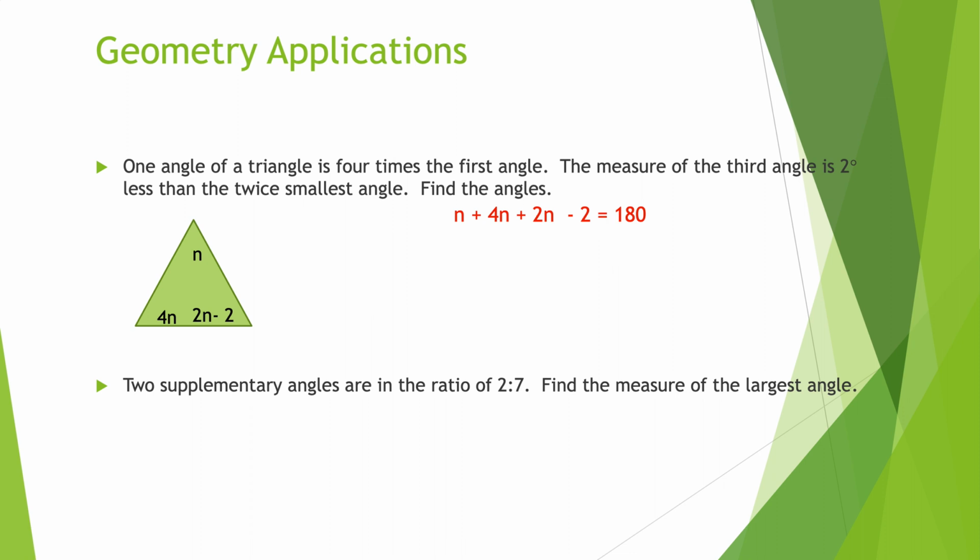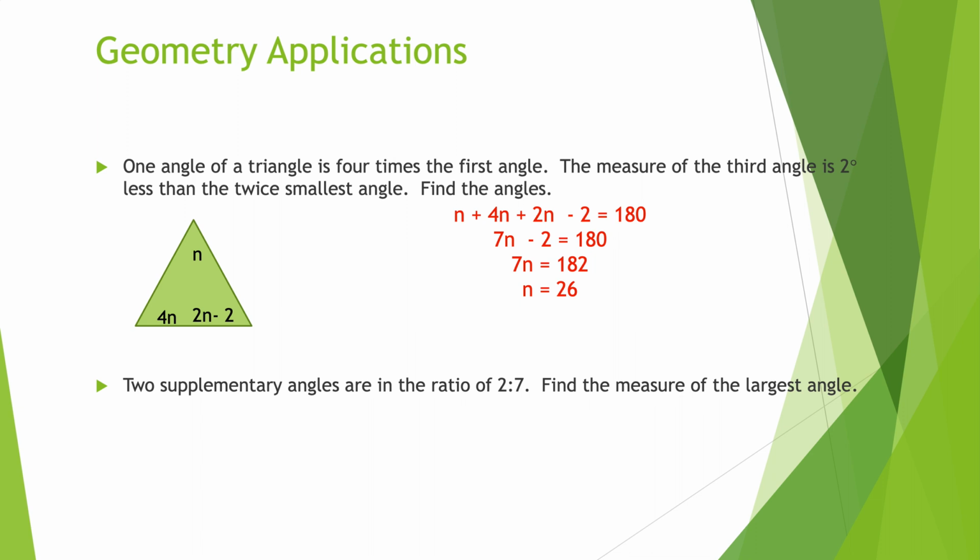So that would be 7n minus 2 is equal to 180. Now it becomes a standard two-stepper, opposite side, opposite operation, add 2 to both sides. 7n is 182, divide both sides by 7, and bingo, lights flash, bells ring, I get n equals 26. And the beauty of mathematics is we can check on this answer and verify that we are correct.